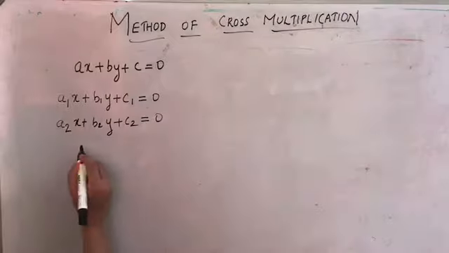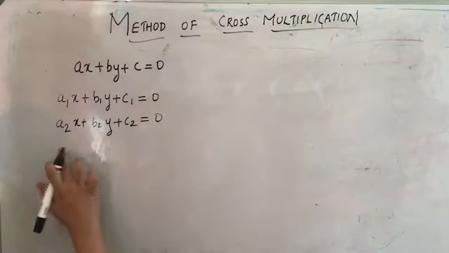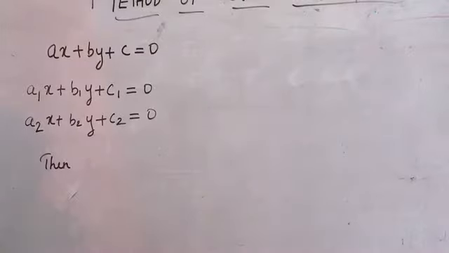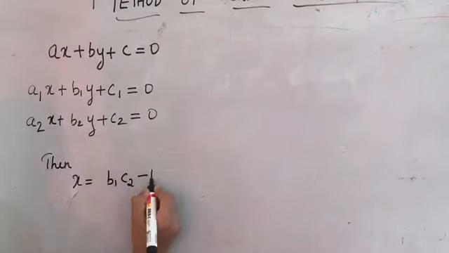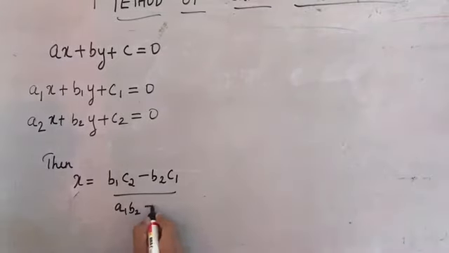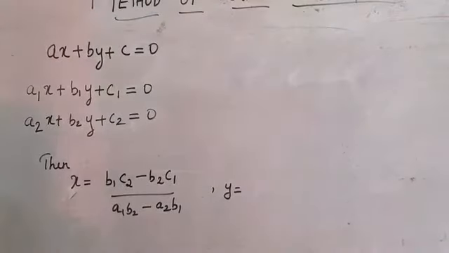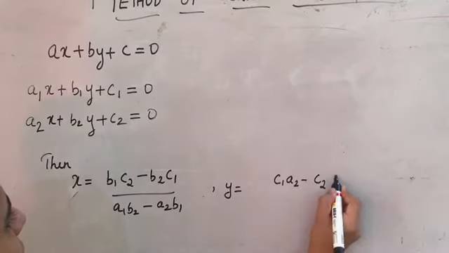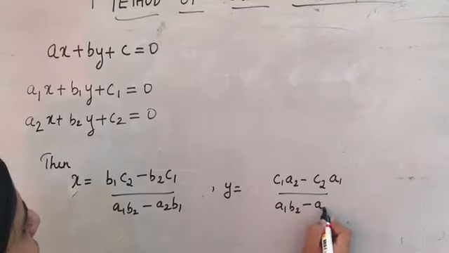So if the two equations are a1x plus b1y plus c1 equals 0 and a2x plus b2y plus c2 equals 0, then x equals b1 c2 minus b2 c1 by a1 b2 minus a2 b1, and y equals c1 a2 minus c2 a1 by a1 b2 minus a2 b1.